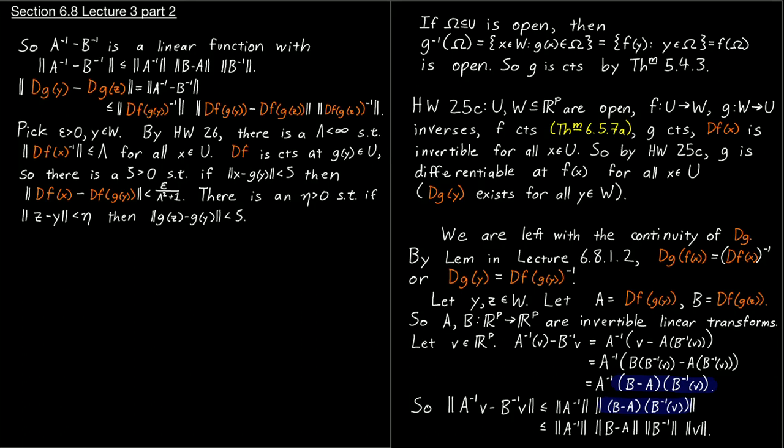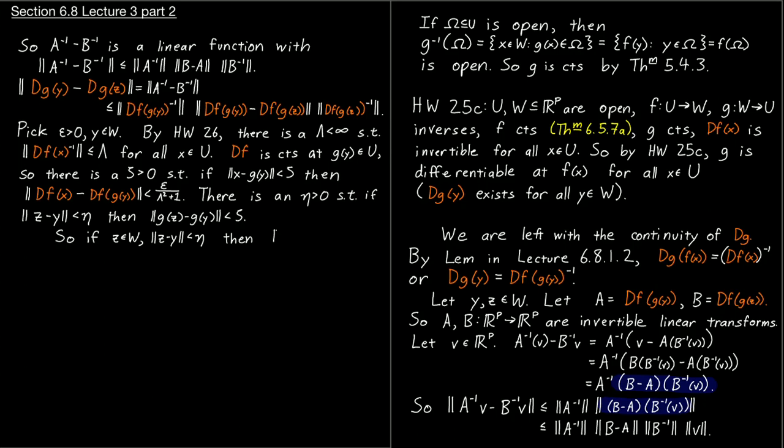So put it all together. If z is in W, and z minus y is less than eta, then g of z minus g of y is less than zeta.